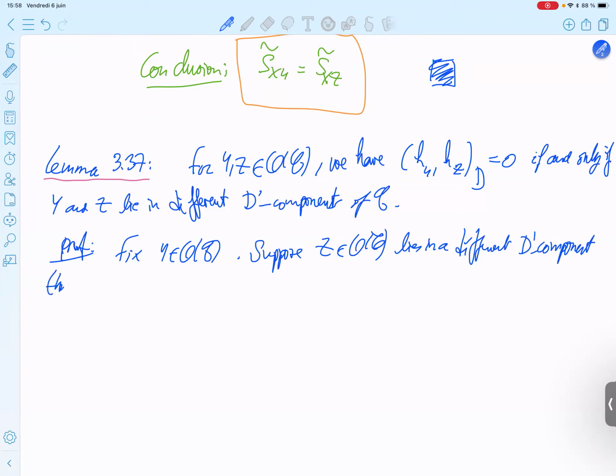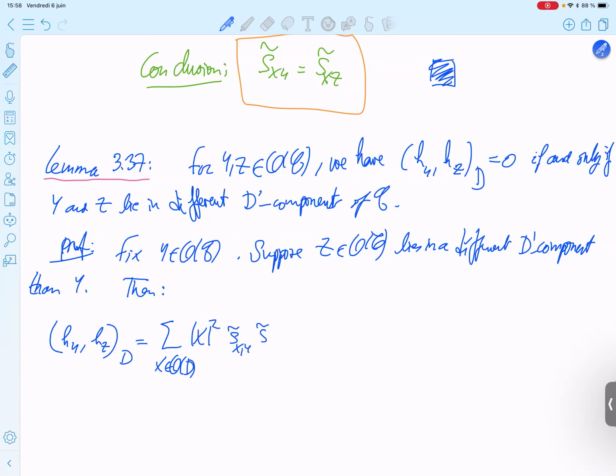Then the inner product, by definition, it is the sum for x simple in D of square norm of x, S tilde x,y, S tilde x star z.